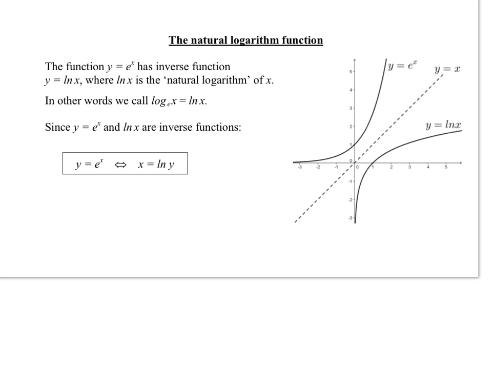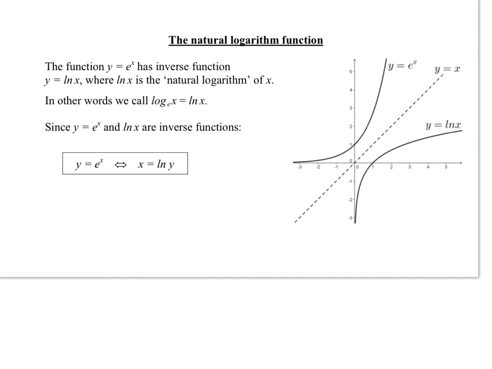So it's no different from any other logarithm, it's just that it has e as its base. So instead of it being 10 to the power of x here, it's e to the power of x. And so the same thing applies. Y equals e to the power of x, the inverse of that, y equals log base e of x, or ln of x is another way of writing it.